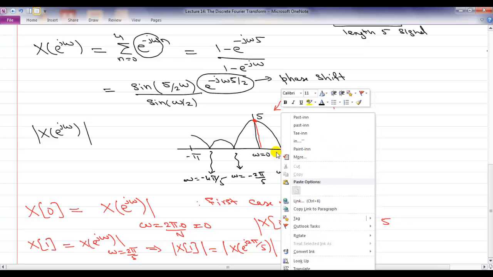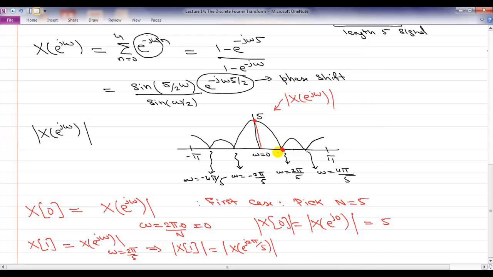So this is my X of 1, this is my X of 0, and this is my X of 1. So what is then my X of 1? That is simply equal to 0.